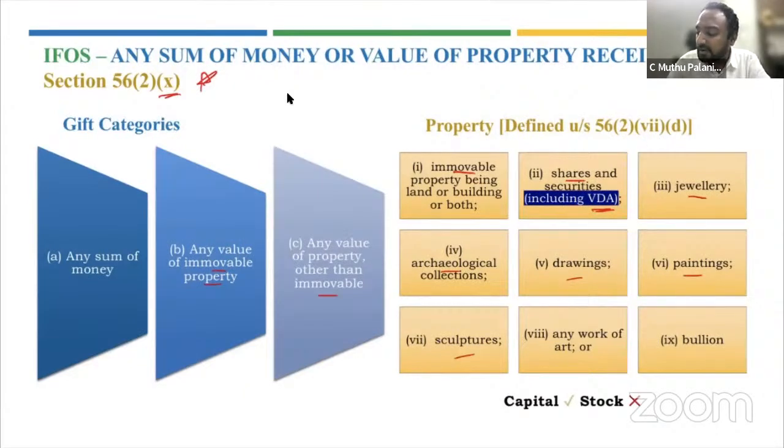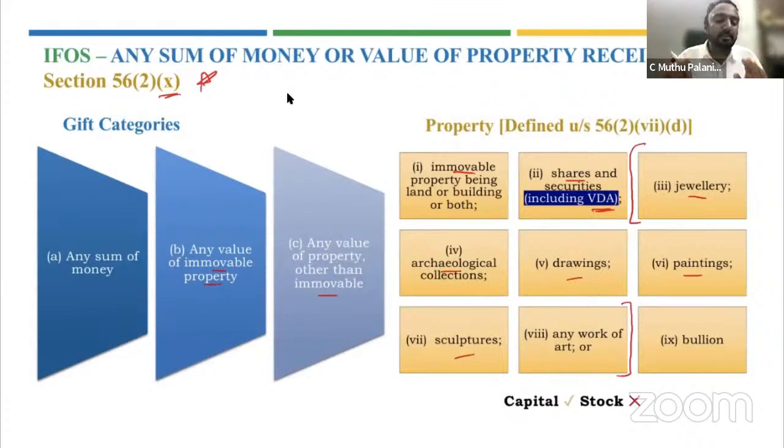So if you actually look at it, all these are what we discussed as personal assets. Personal assets, but still capital asset. So this is what we are calling property defined. Anything that is not part of these 9 items is not property. So if someone is gifting a car, it is not covered under property. So it is not income from other sources.